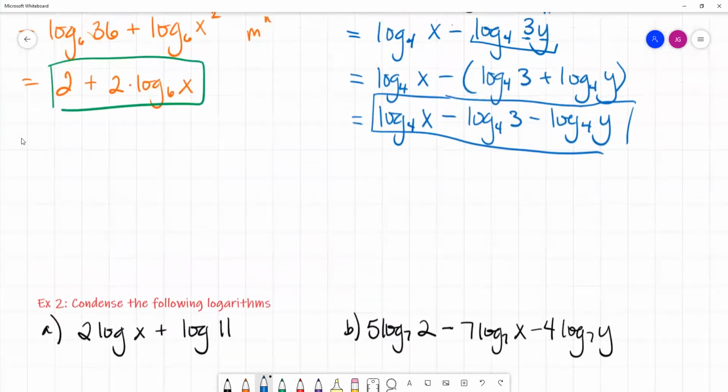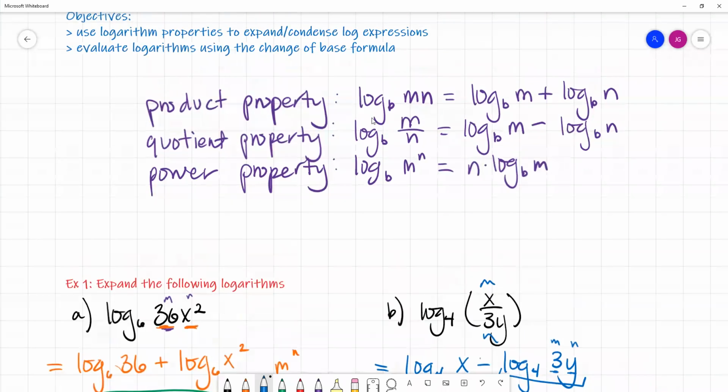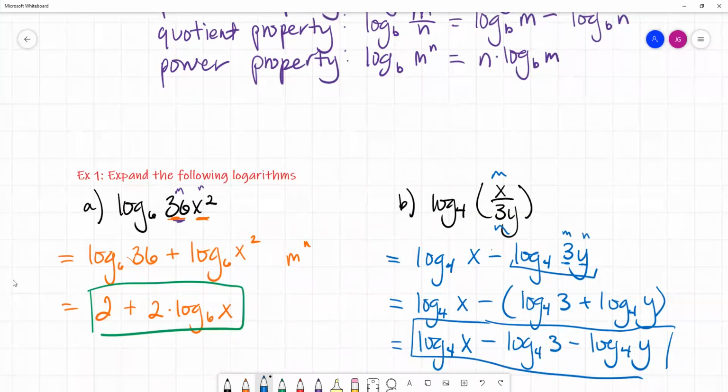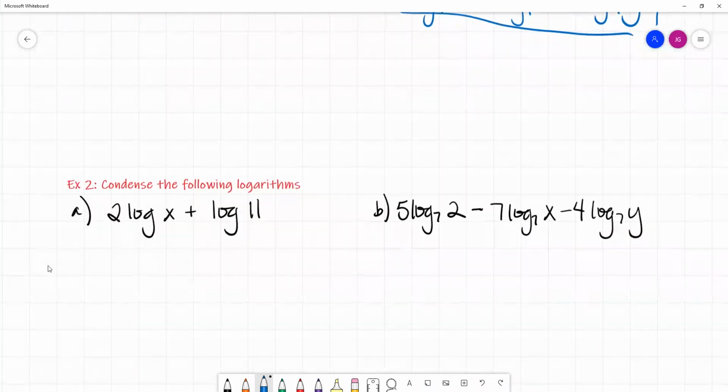If we think back up to our properties, notice that none of them, unless it's the power property, neither the product nor the quotient properties, have numbers in front. Notice how they're all just log. No number in front. That's going to have to be true if we want to use those properties.